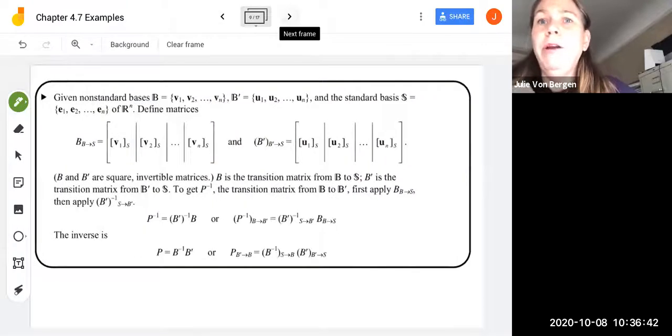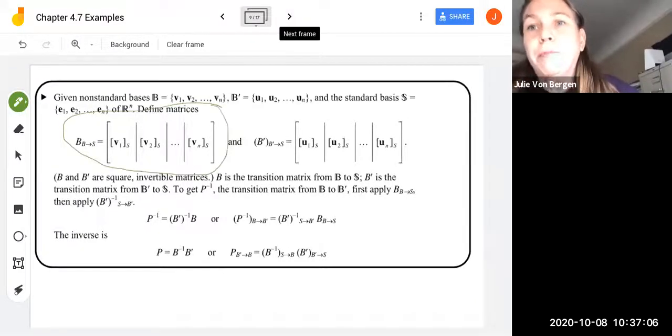So now we are going to calculate, given these non-standard bases B, V1 through Vn, and B prime, U1 through Un, and the standard basis S, which is E1 through En in Rn. So we are going to see that you can calculate the transition matrix from B to the standard basis with V1, V2 through Vn just converted to column vectors and put together in a matrix, because we're going to the standard basis.